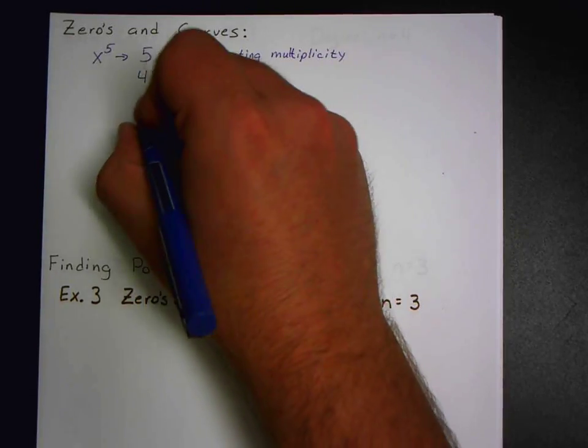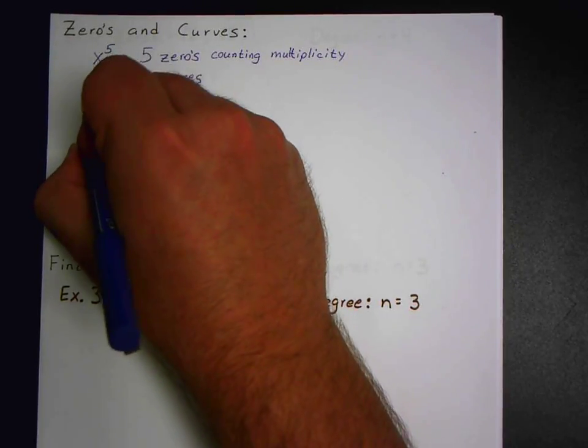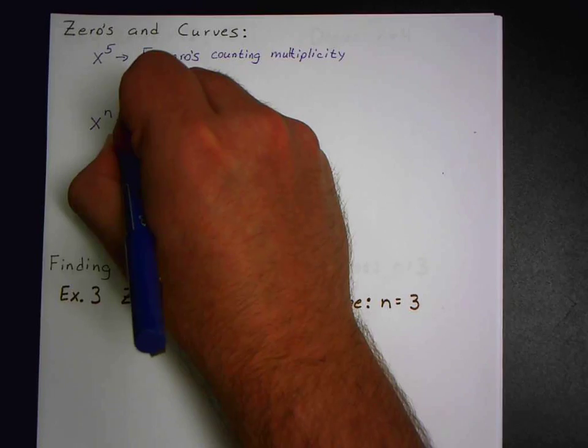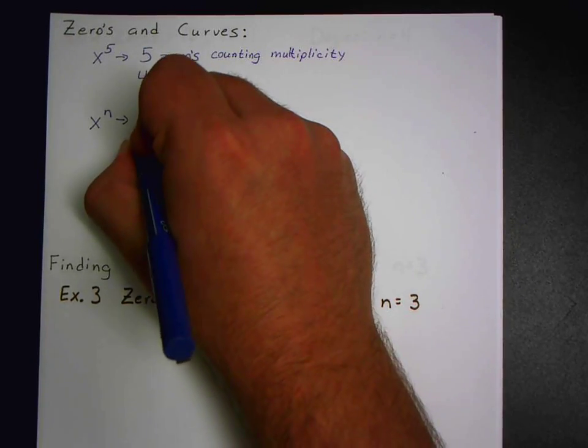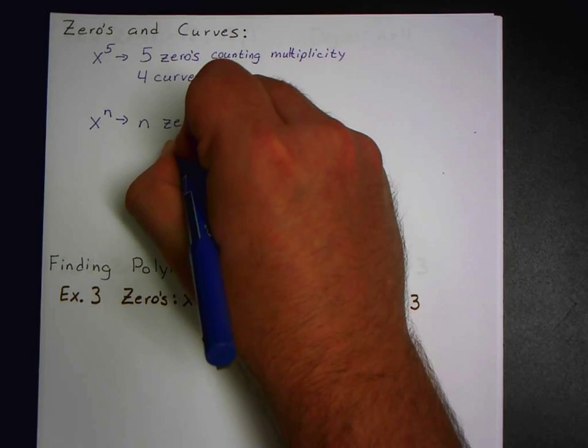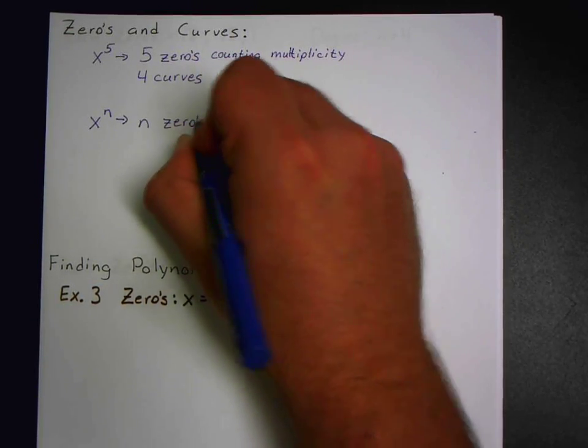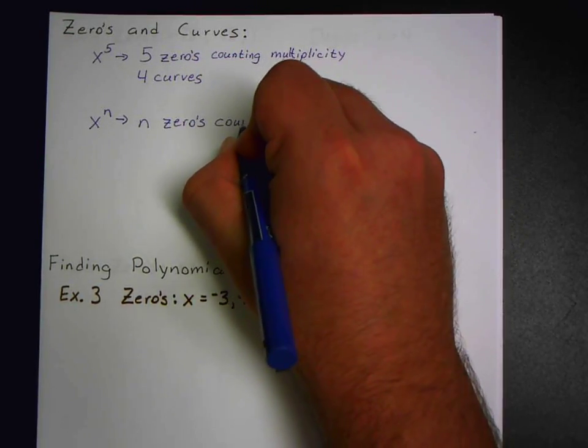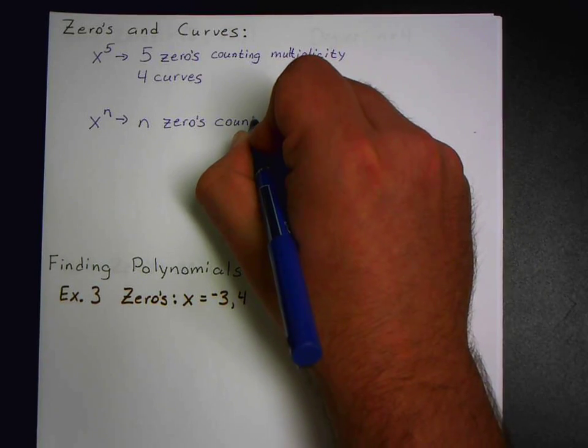However, let me generalize this. It should always have n zeros, wherever you count multiplicities.